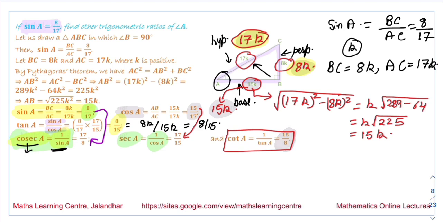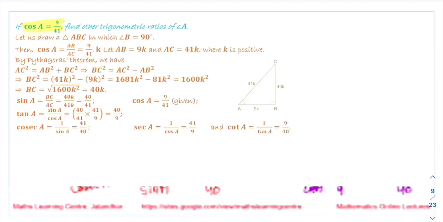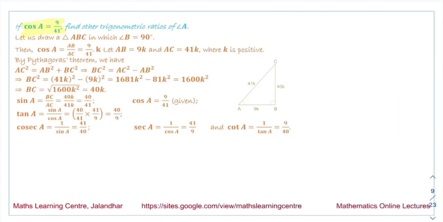Next we have, if cos A is equal to 9 by 41. We are saying the value of cos A is 9 by 41, and we know that for the triangle ABC, which we have shown over here, cos A is base over hypotenuse. The base is AB and the hypotenuse is AC.